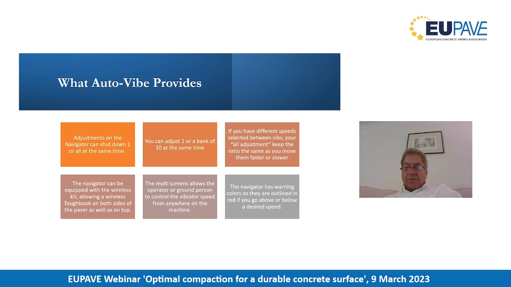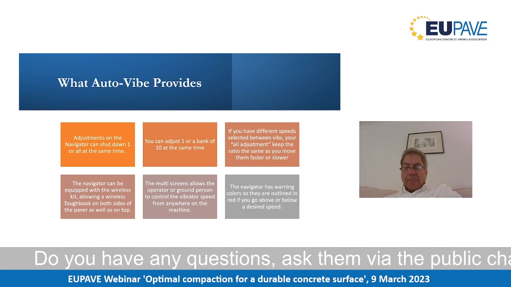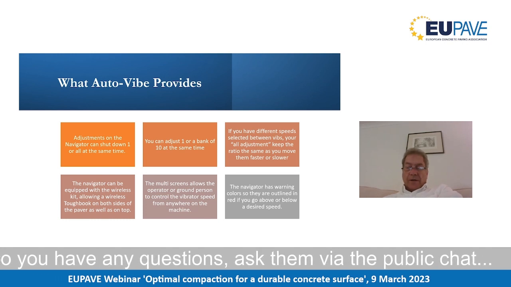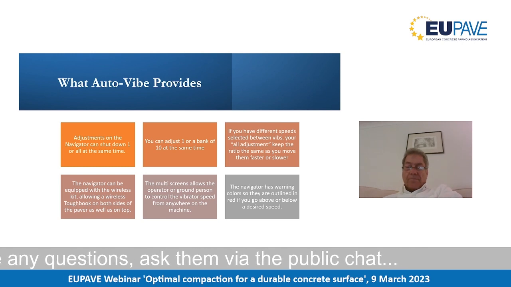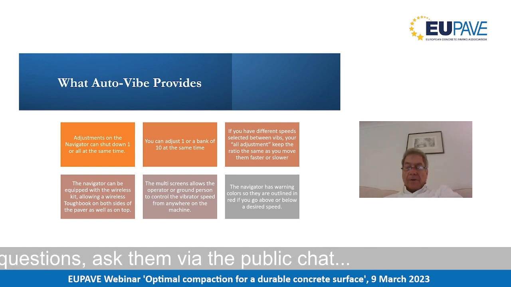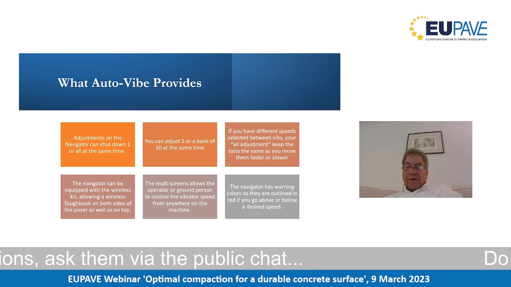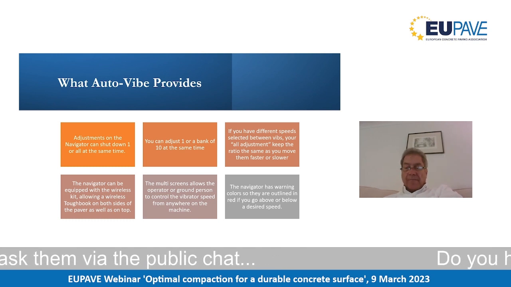You can also equip the navigator with a wireless kit, and that's allowing you to have several monitors, Toughbook monitors on the paver, and it allows then for a number of staff or people on the paver to monitor the vibrating system as you're paving.